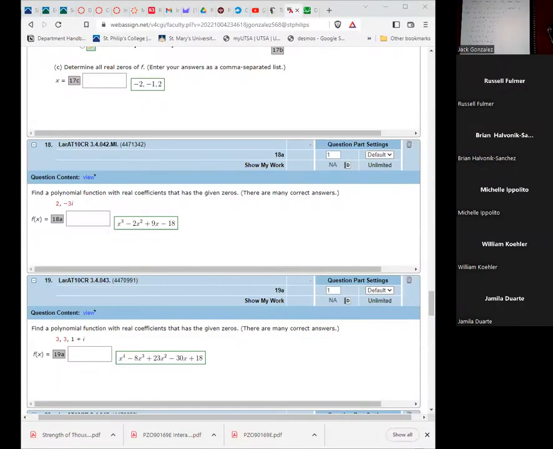Let me start off the next one for you so you can see. If these three are zeros, then that means f of x would be equal to x minus... They wrote 3 twice. You see that?